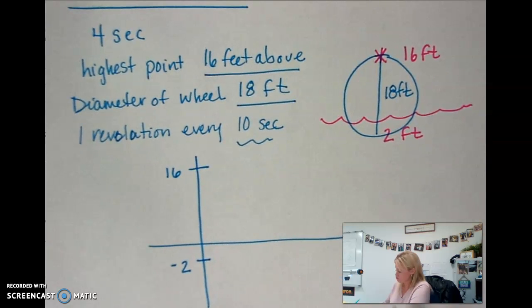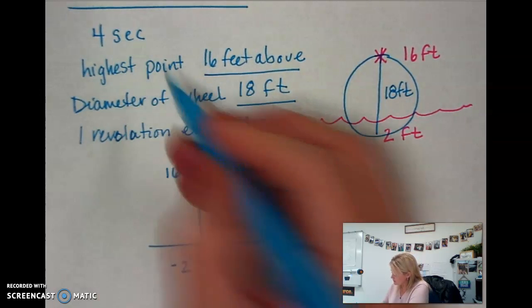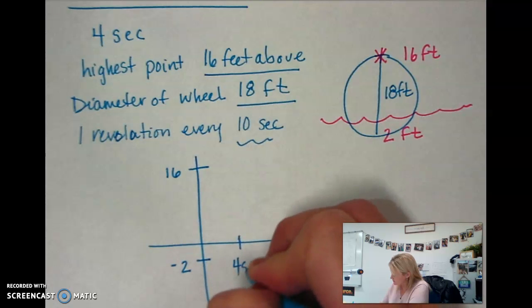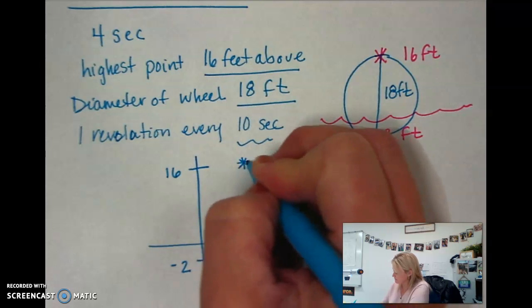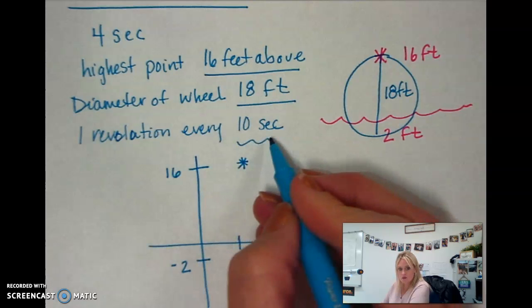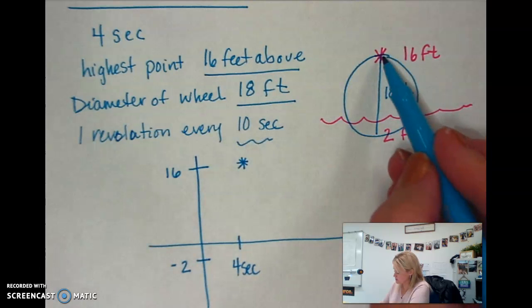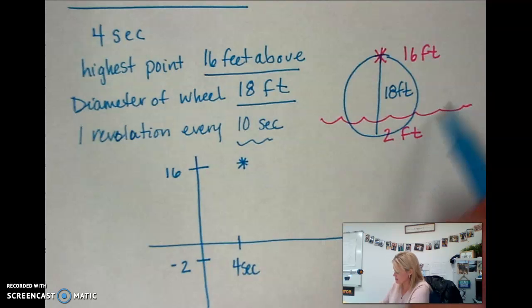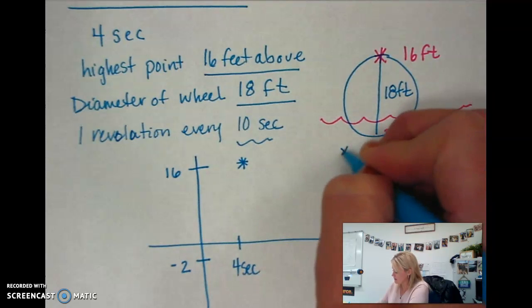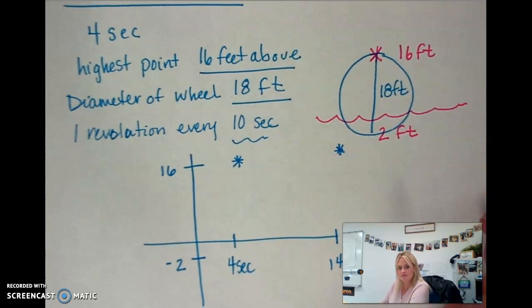The highest point happens at 4 seconds in and completes the full rotation 10 seconds later. So if this is 4 seconds, 10 seconds later would be 14 seconds, and we're back to that high point again.